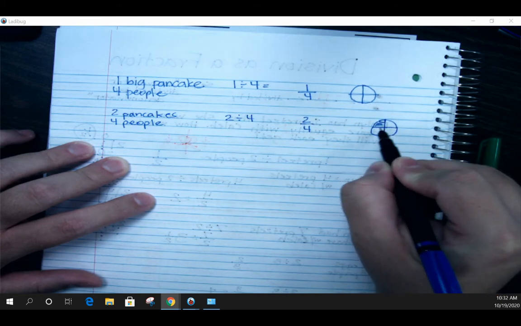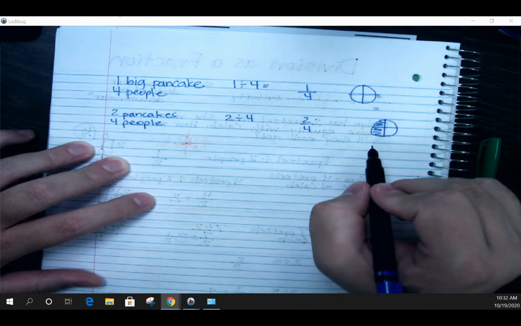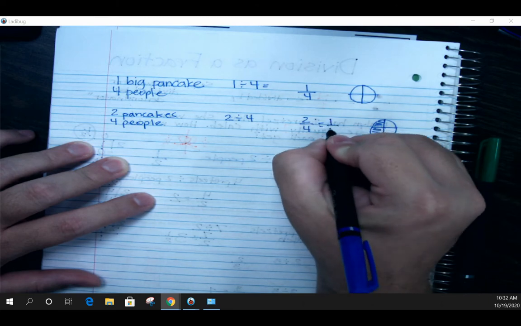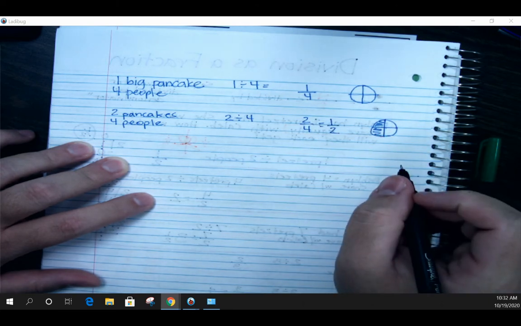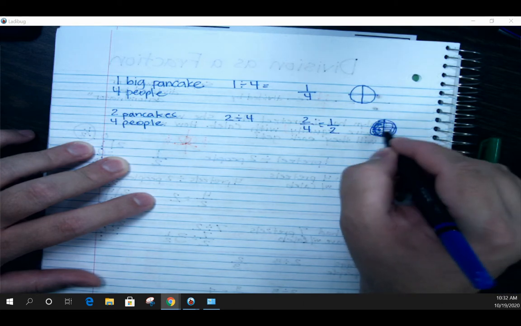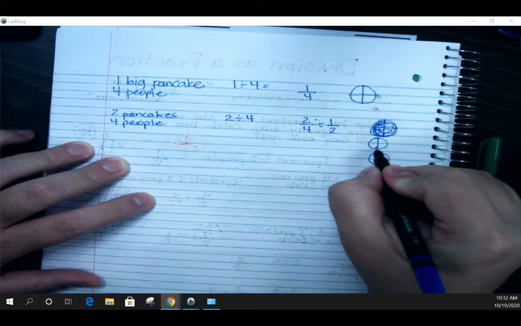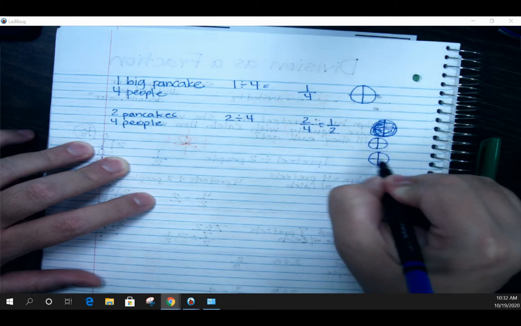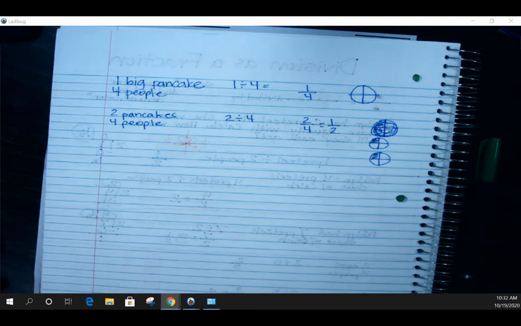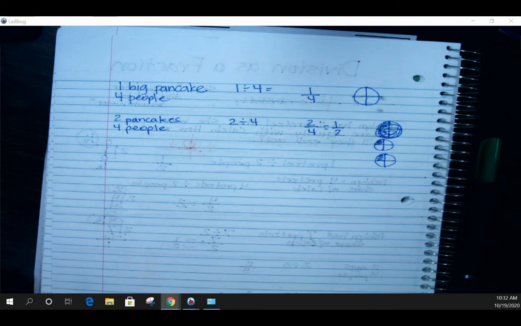Here's 2/4. What is 2/4? 1/2. Right? Now let me show you this. If I had 2 pancakes and I cut them into 4ths, I would get 1/4 of this one and 1/4 of this one, which would equal 2/4 or 1/2.